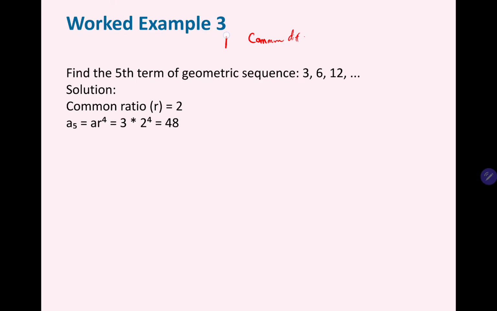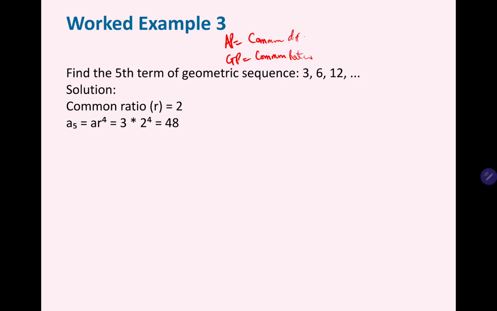But in geometric progression, what we have is called the common ratio, and the common ratio is got by multiplying the preceding term by a particular number.